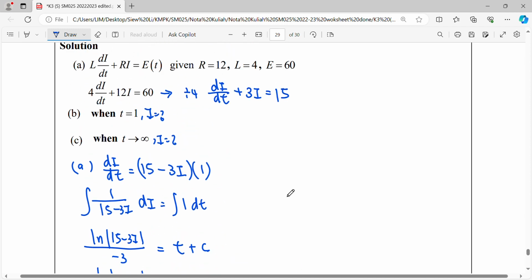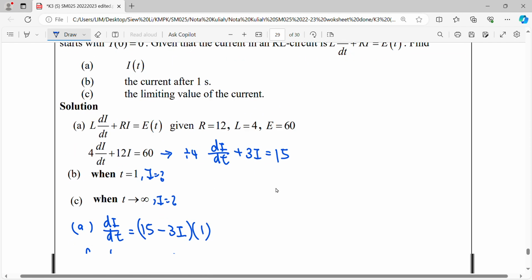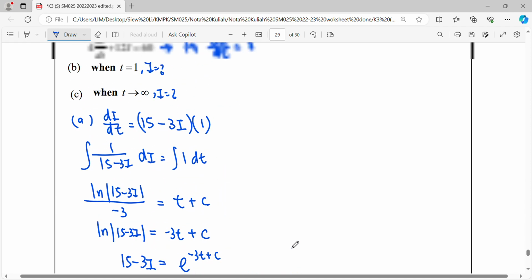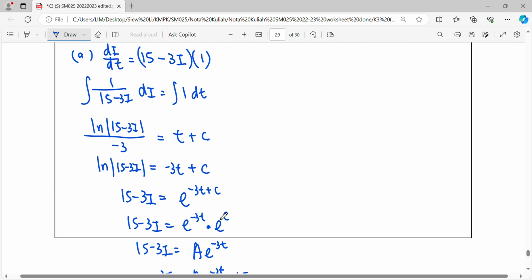Then we have to find out what is our particular solution, means we have to find out what is our constant A here. So in an electric circuit, which is involving your variable time and current, it always has an initial state where time is 0. When you haven't switched on the circuit, the current is 0. So our initial state will be substituting t equals 0, current 0, so that we can get the particular solution from here.